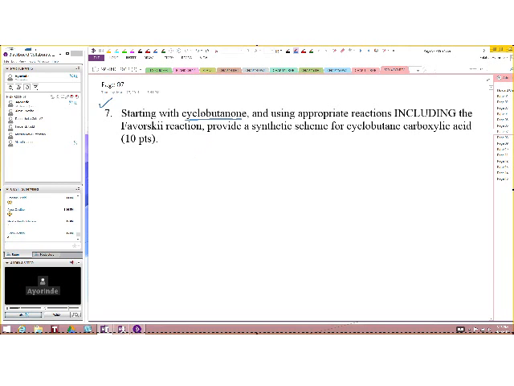So we are told to start with this, and then we need to use the Favorskii reaction to give this product here. Apparently we have to use several steps. Cyclobutane carboxylic acid, which is this here.